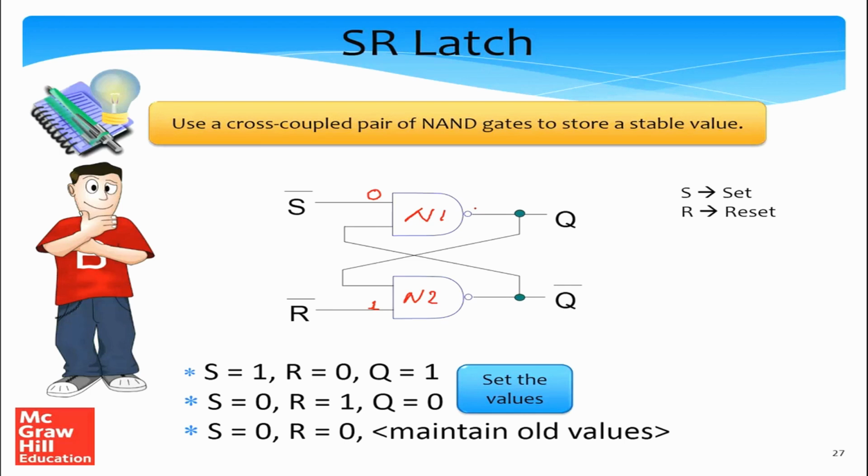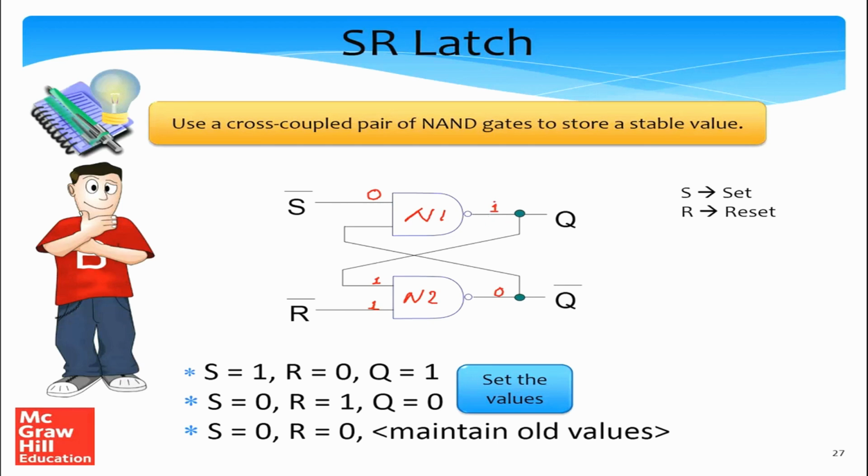So if one of the inputs is 0, we can happily write the output to be equal to 1. Since this is 1, 1 comes over here, and the AND of 1 and 1 is 1, so the NAND of 1 and 1 is 0. Again 0 goes there, and the NAND of 0 and 0 is 1. So it's a stable system.